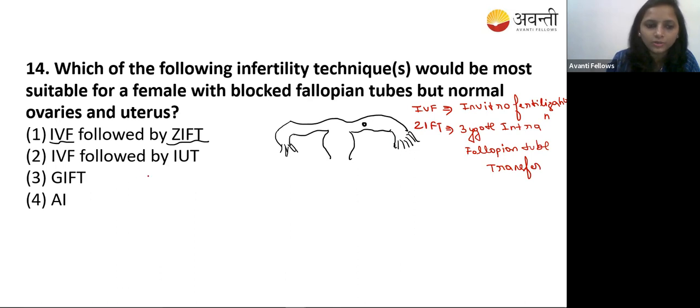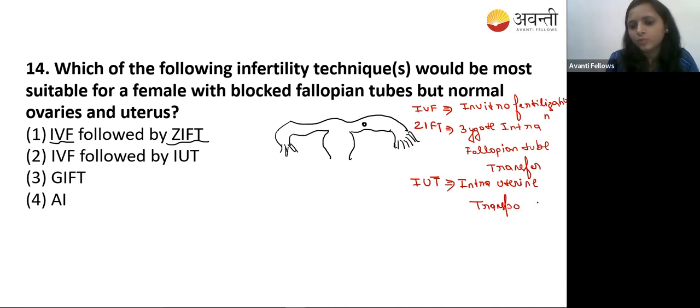So then coming to the IUT. What do you mean by IUT? IUT is nothing but intrauterine transport. So then coming to the GIFT. What do you mean by GIFT?